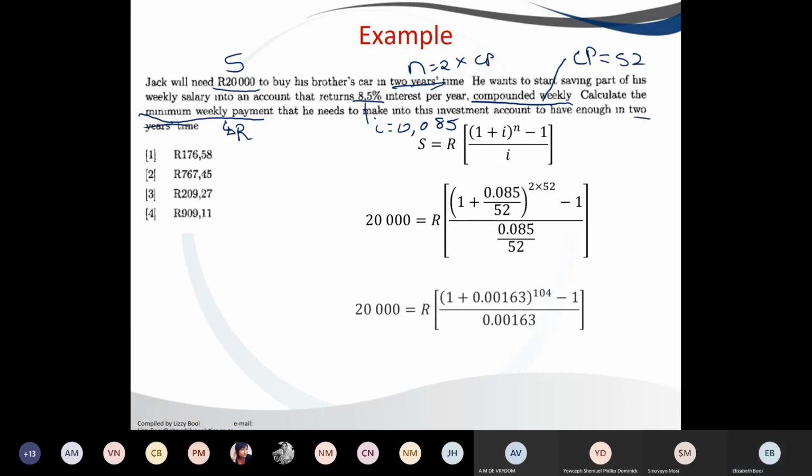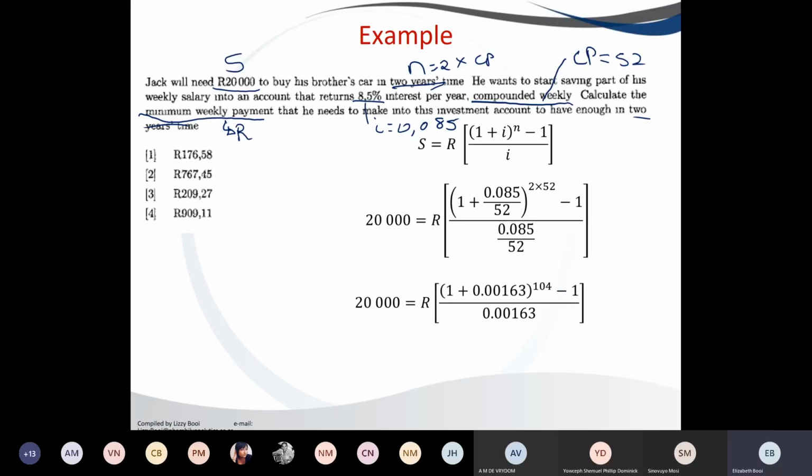And simplify things, then I get the answer. 0.85 divided by 52, I get 0.00163, to the power of 2 times 52, which is 104, minus 1, divided by that.